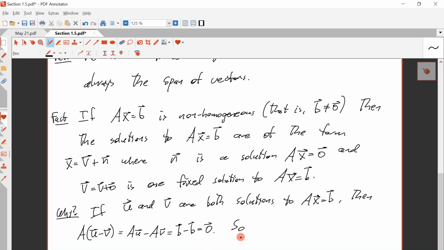So u minus v is a solution to the homogeneous system Ax equal to 0. So u is equal to v plus (u minus v). Thus u, another solution to the non-homogeneous system, is v plus some solution to the homogeneous system. So there it is.